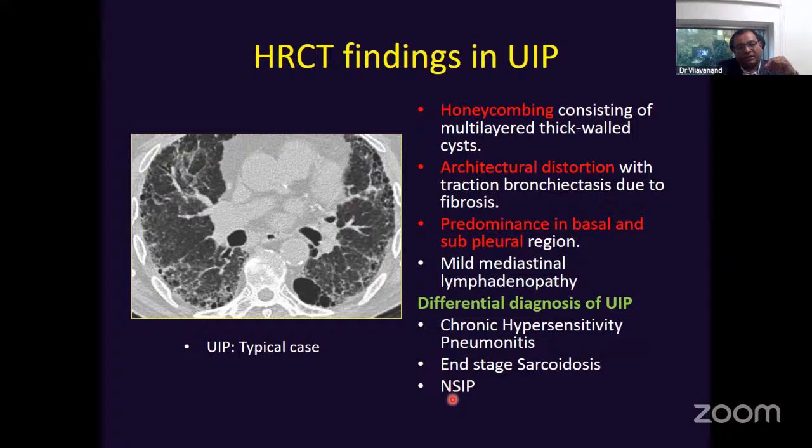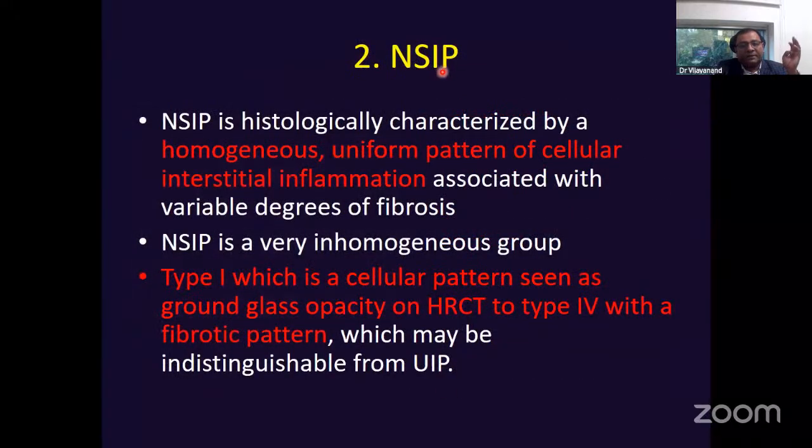NSIP can also simulate this, but it should be a fibrotic variant of NSIP. NSIP is histologically characterized by a homogeneous, uniform pattern of cellular interstitium associated with various degrees of fibrosis.